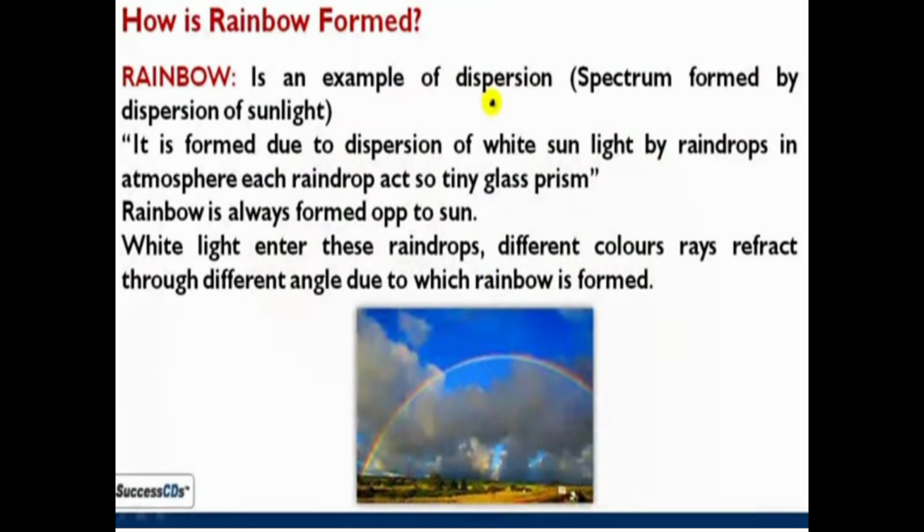The raindrops which are present in the atmosphere, the white sunlight strikes them, it is incident on those raindrops, due to which each raindrop acts as a tiny glass prism.